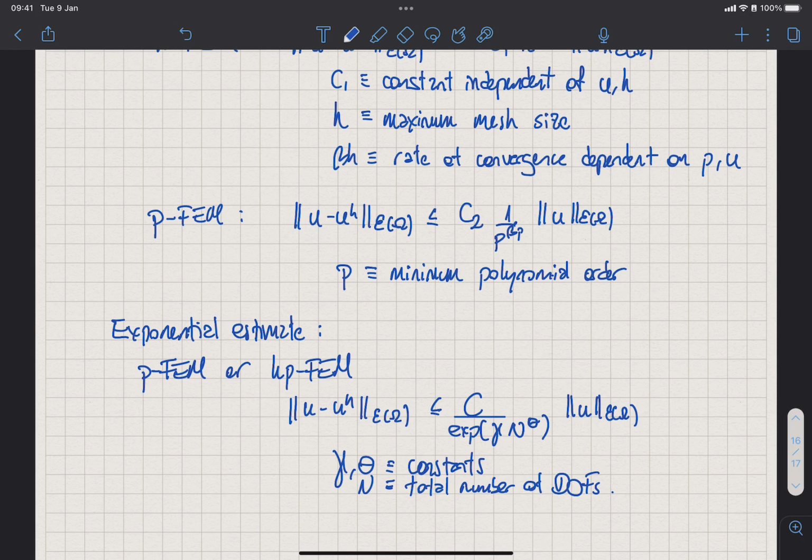You would expect the error to be dominated by the elements with the smallest polynomial interpolation order, because that is where the solution is the worst. That's why in p-FEM, since our mesh is always fixed, you have to look at the weakest link in improving the solution. In p-FEM that is always going to be the elements with the smallest polynomial order, which is 1. So if you have elements with p equals 1, the error should be higher there.